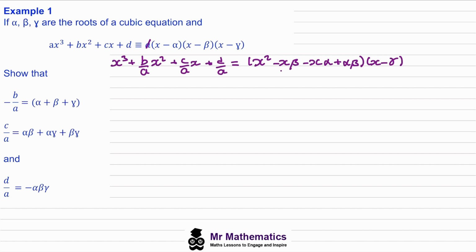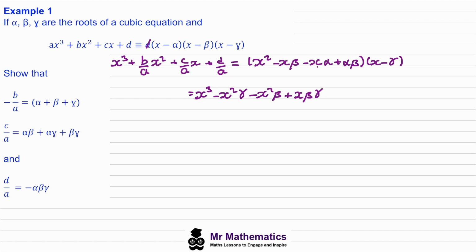We can expand out the quadratic and the linear term, so we'll have x cubed minus x squared gamma minus the x squared beta, and then negative x beta multiplied by negative gamma will give us positive x beta gamma. We'll move on to this term.